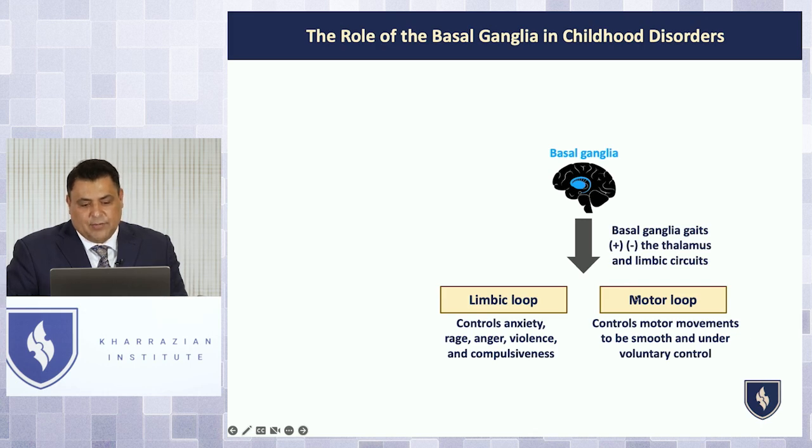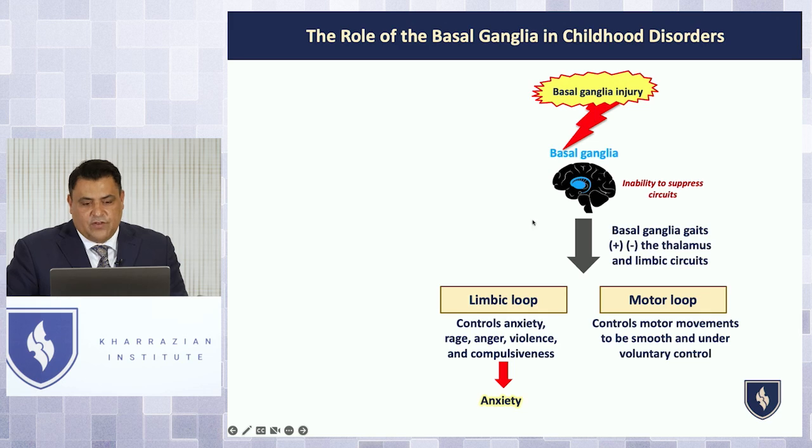If it's not working well, you get hyperkinetic movements like tics and motor disorders. And if the limbic system is not dampened, then you get anxiety, rage, anger, violence, compulsiveness, and so forth. So when there's injury to the basal ganglia, inability to suppress the circuits, there are limbic loops involved and you get anxiety. So those are the key things there.